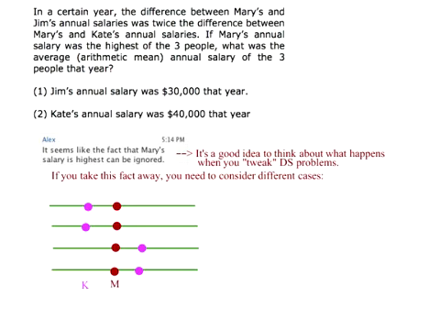And then lastly, there's Jim, who in the original problem also has a lower salary than Mary does. But if we make this change, then we no longer know that. So you could have any of these things happening. You could have that, you could have that, you could have that, or you could have that.